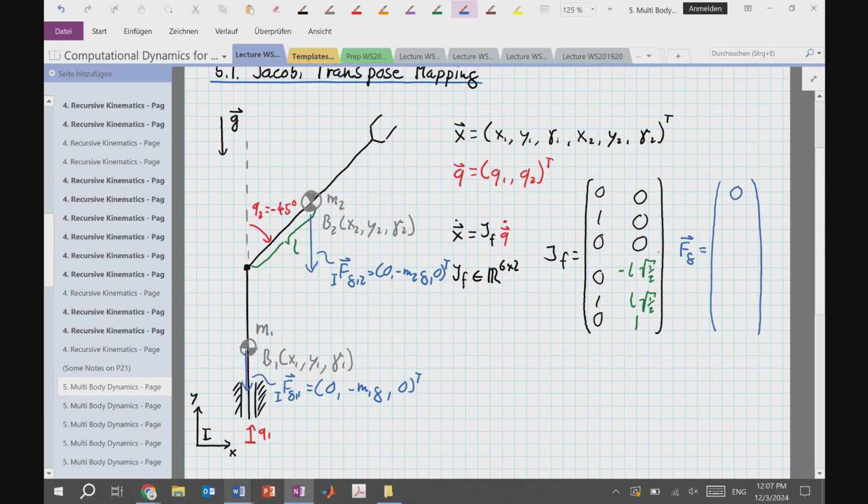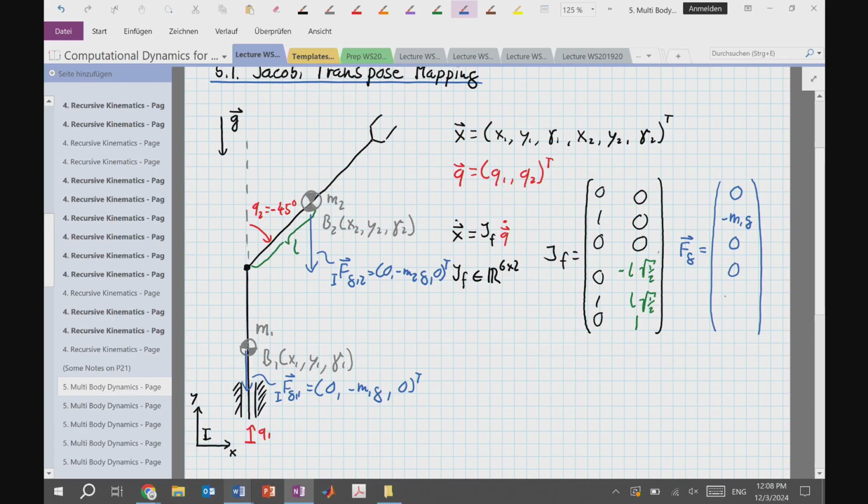The first element would be the force in X acting on body 1. The second element would be the force in Y acting on body 1. The third element would be the torque about gamma 1, the rotational torque acting on this body 1, which is 0 in this case.